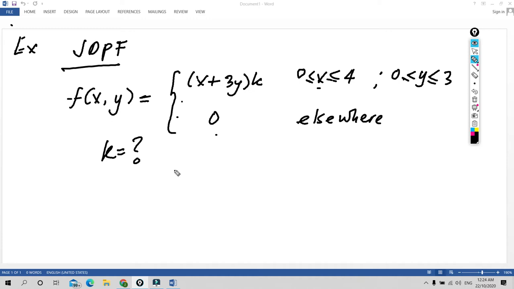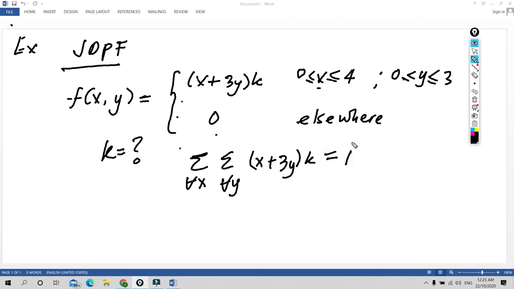By referring to the second property, the summation for all x and summation for all y of (x plus 3y)k must equal 1. So we solve for y first. This is the inner part, and here is the outer part.